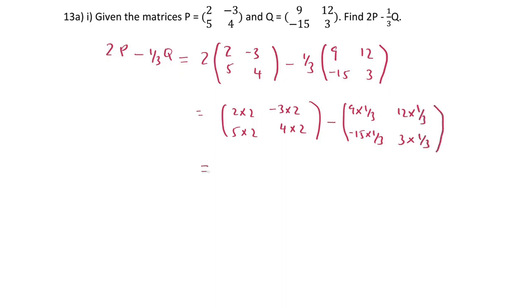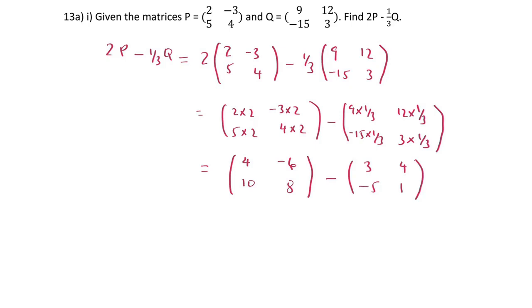Solving this, we are going to have matrix 4, 10, negative 6, 8, minus matrix 3, negative 5, 4, 1.